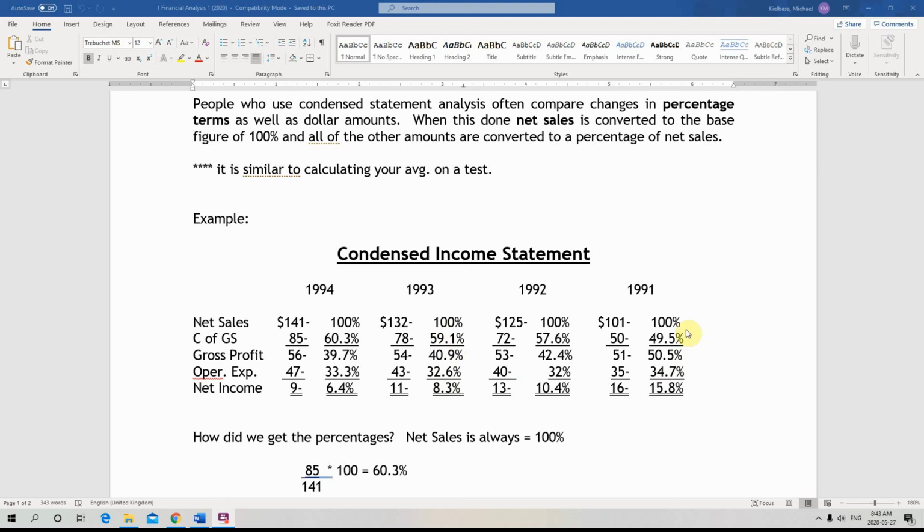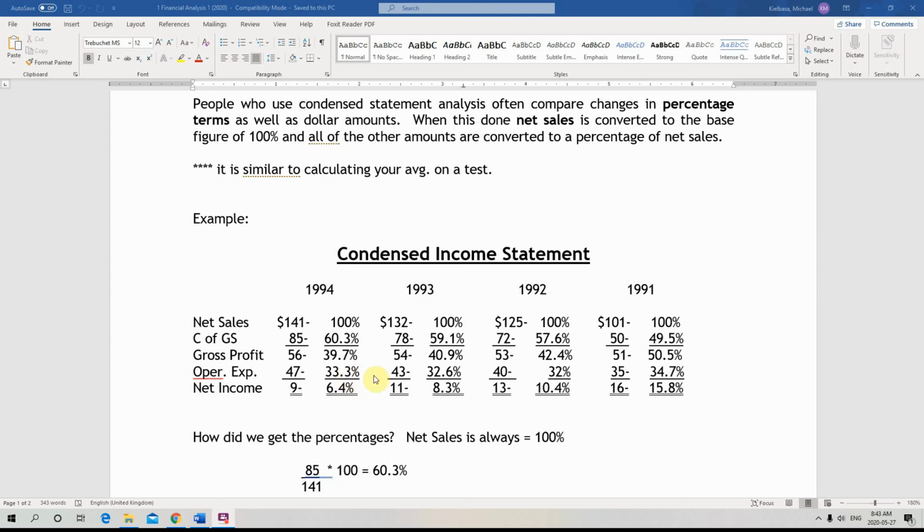So you'll notice that net income as a percentage of net sales went from 15.8% to 6.4%. And you'll notice that we said cost of goods sold may be our issue. So it went from 49.5% to 60.3%.